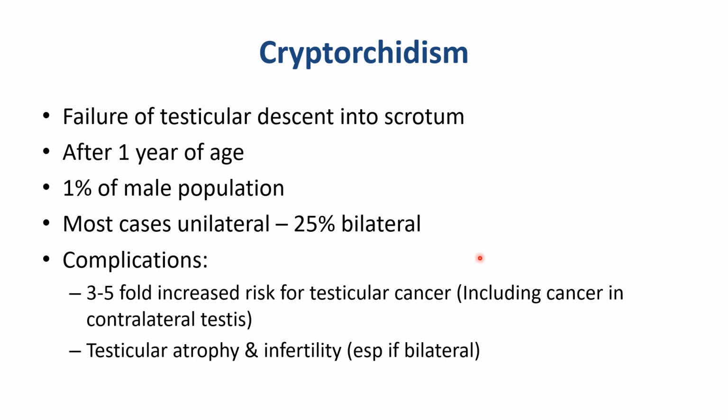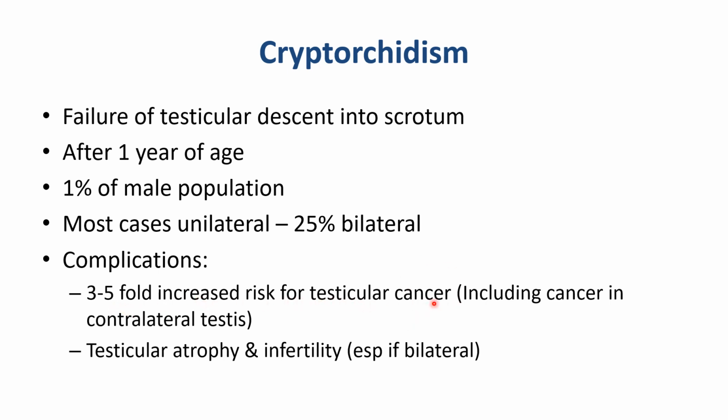So why did I say we have to touch on this before we move on to testicular neoplasms? The fact is really because it is a known association to developing testicular cancers. In fact, it has a 3 to 5-fold increased risk for testicular cancer.